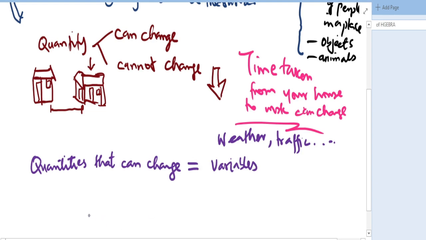They are called variables. So we can define a variable as what?